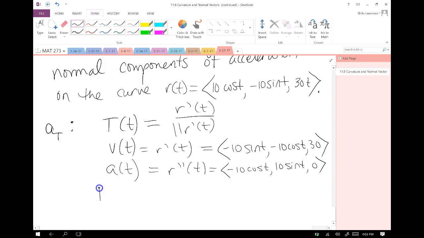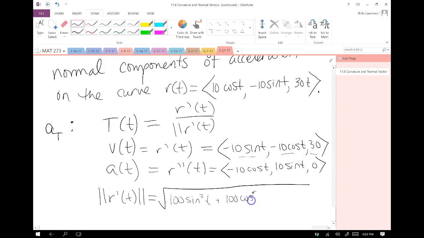And then for the magnitude of r prime of t, so we can set up our unit tangent vector, we are going to do the square root of the sum of the squares up here. So that's going to be 100 sine squared t plus 100 cosine squared t plus 900.